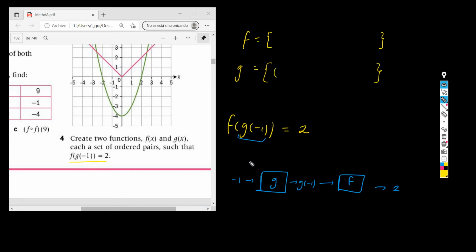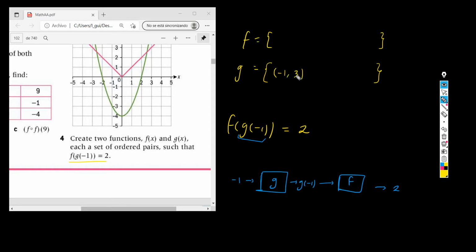So I can create right from the start, let's not lose any time, an ordered pair for g. Let's give it -1 because that needs to be the input, and I'm completely free to choose the other value. The output should be 3. Okay, (-1, 3).